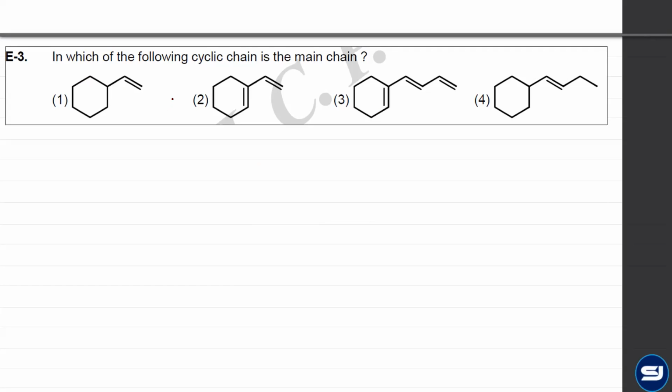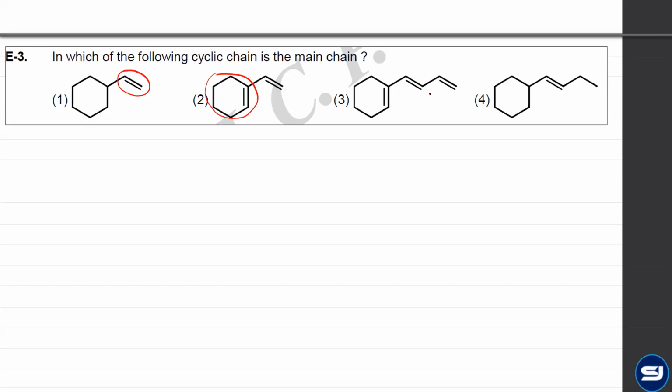So in the first option, the main chain is of 2 carbons, and it is the acyclic or the side chain becoming the main chain because of the double bond. In the next, the double bond is both inside and outside, so priority will be given to the cyclic by the number of carbon atoms. That is why the cyclic becomes the main chain.